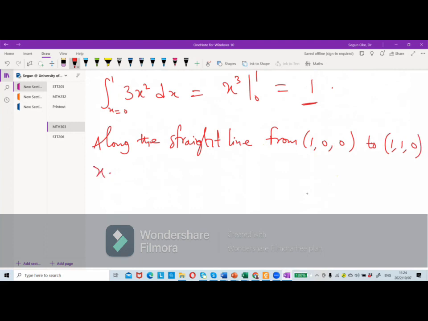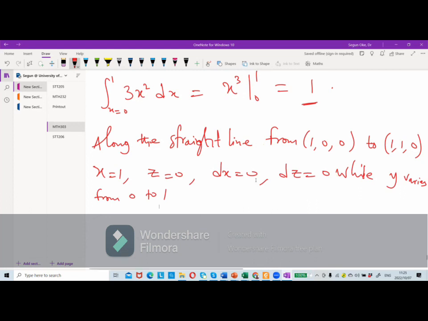So it simply means x is equal to 1, z is equal to 0, and y varies from 0 to 1.